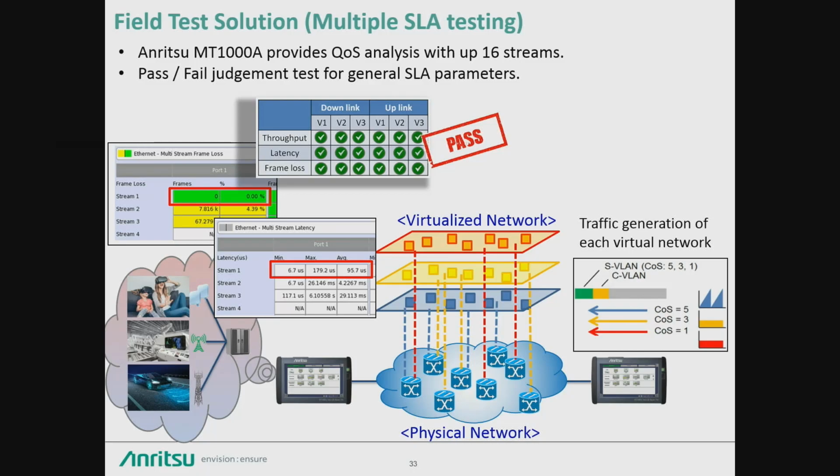It's showing the different measurements for latency, min, max, and average, and you see this in microseconds for each application. You'll notice a top one here, 6.7 microseconds versus 117 microseconds. You can easily identify in that application which one is my V2X versus which one is my enhanced mobile broadband, just based on the latency.